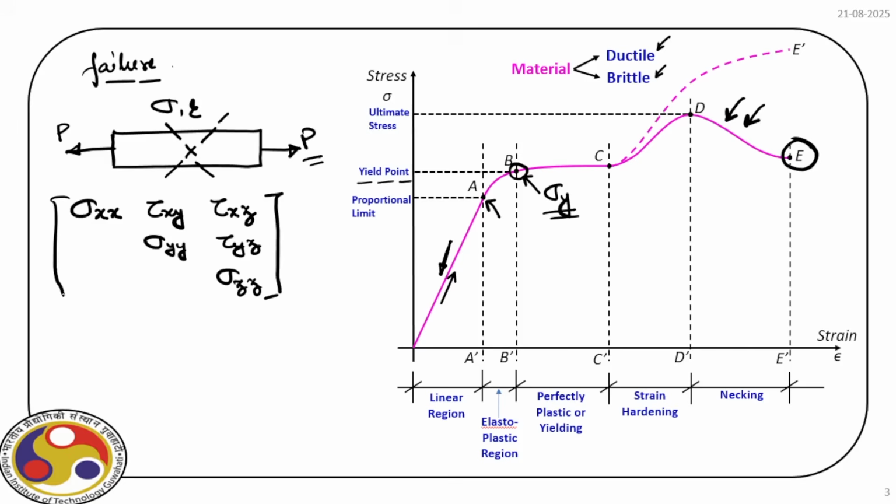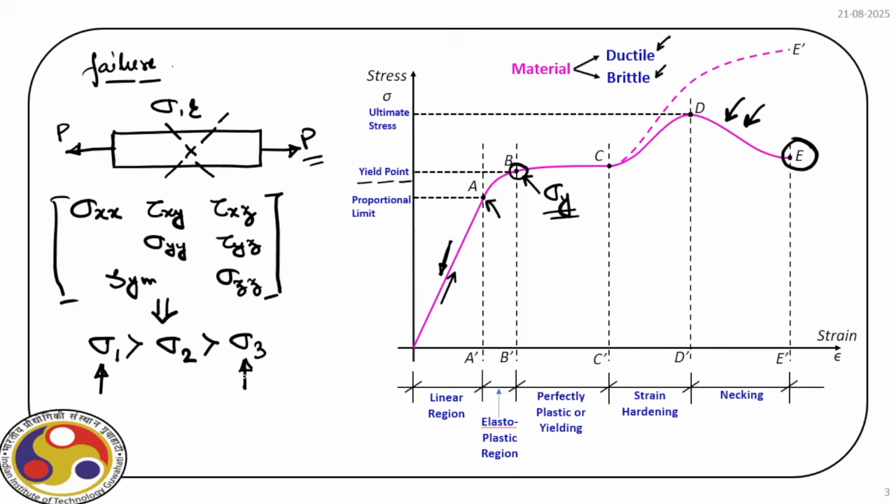Now, once we have this, we can actually do an eigenanalysis and then find out sigma 1, sigma 2, and sigma 3. These are the three distinct principal stresses, and the maximum value of the principal stress is sigma 1 and the minimum value is sigma 3, right?